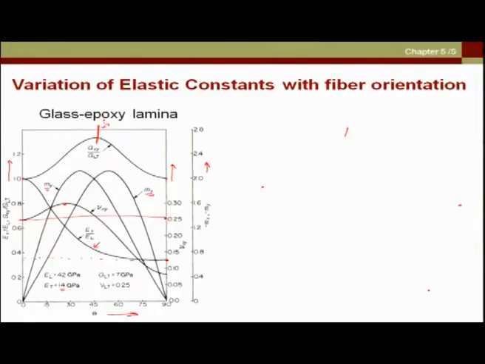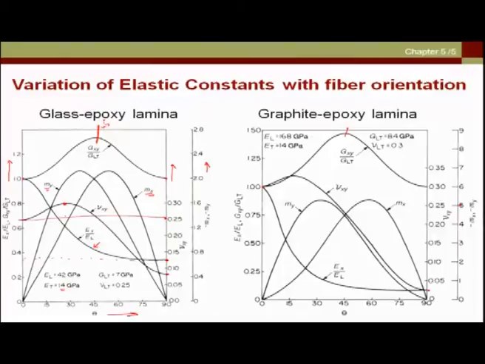It becomes maximum at around 30 degrees, and then it starts falling, and it keeps on falling till its value becomes somewhere between 0.05 and 0.1. So, the maximum of nu xy is not necessarily at 0 degrees or at 90 degrees, it can be at some value in between. In this case, it is maximized at around 30 degrees.